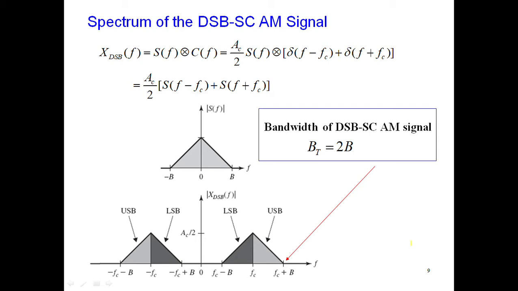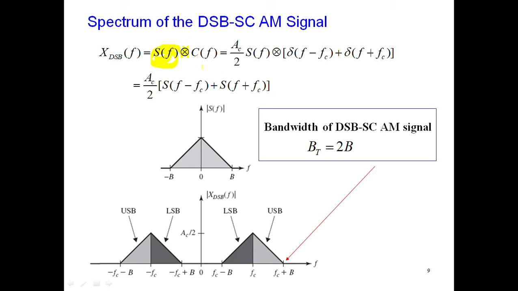Let's see what the spectrum of the DSB-SC is. When you have s(t) multiplied by c(t), in the frequency domain you have to convolve S and also C. So let's say S is anything, multiplied by a carrier.